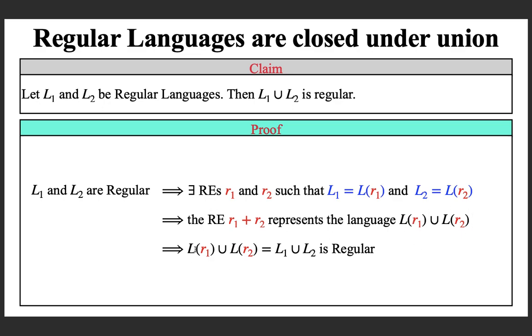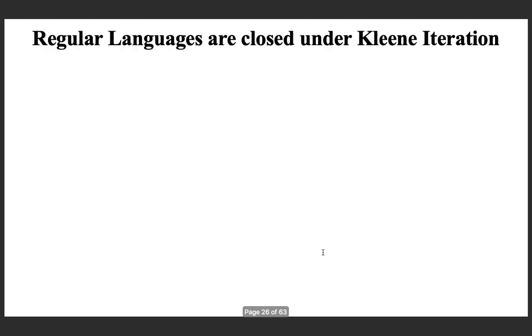And what is the union of L of R1 and L of R2? It is L1 union L2, because L1 is the language of R1 and L2 is the language of R2, and hence proved. We proved that whenever L1 and L2 are regular, then L1 union L2 is a regular language. So, regular languages are closed under union.